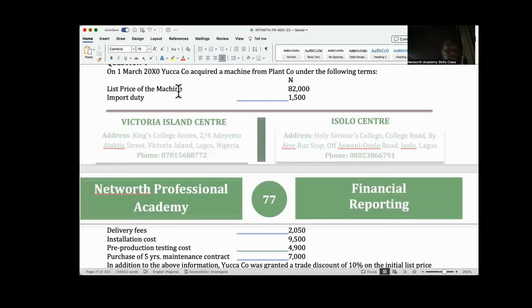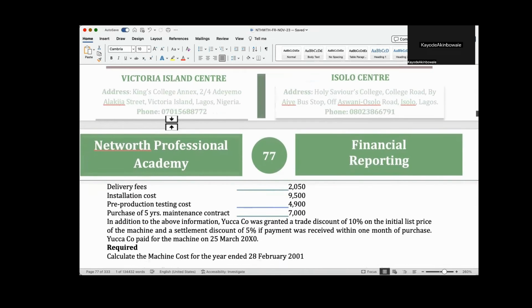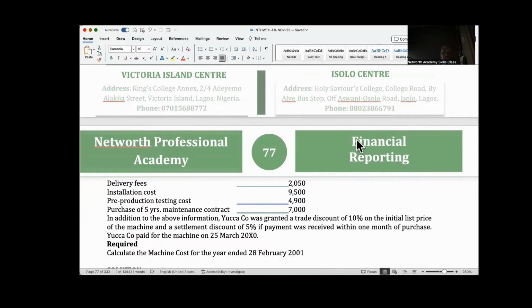First, this list price of 82,000, is it going to be part of the cost of the machine? Yes or no? Okay. The import duty, will it be part of the cost? Yes. Okay. What about the delivery fees? Yes, delivery fees will be added.